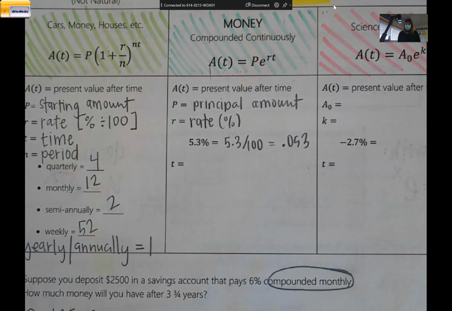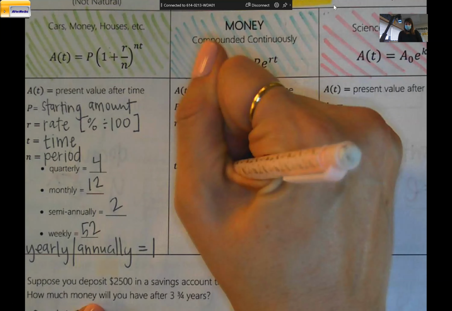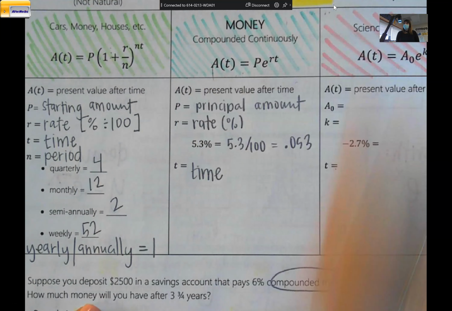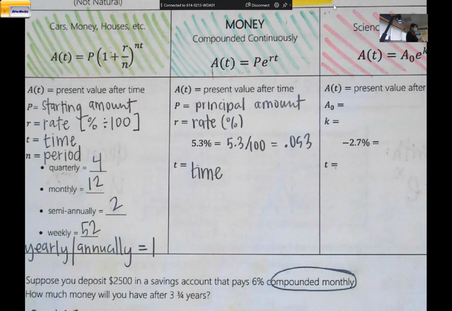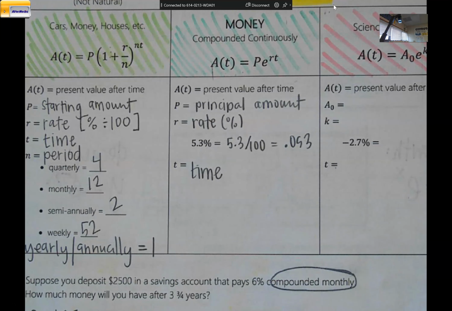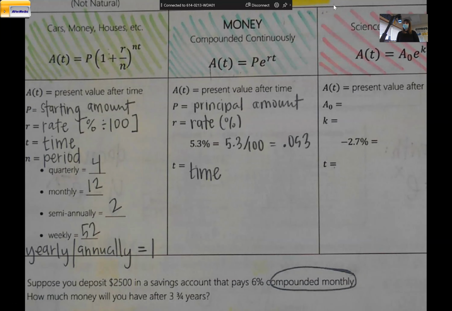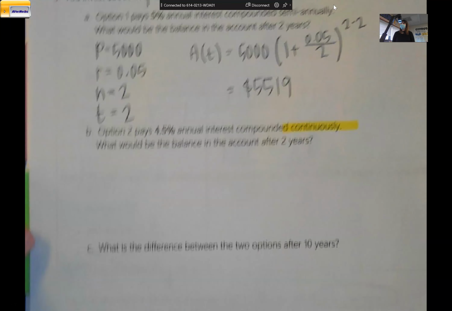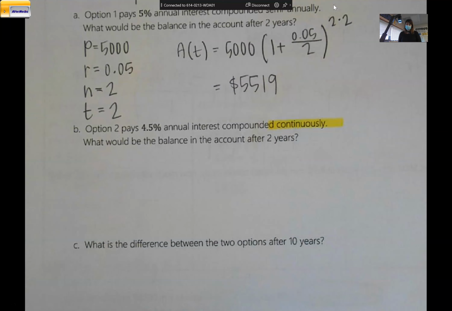And then the only other thing that you need to know is T, or time. So this one, all you need is your rate, your amount, and the time. So we will flip back, and we'll see what happens if our interest is compounded continuously.